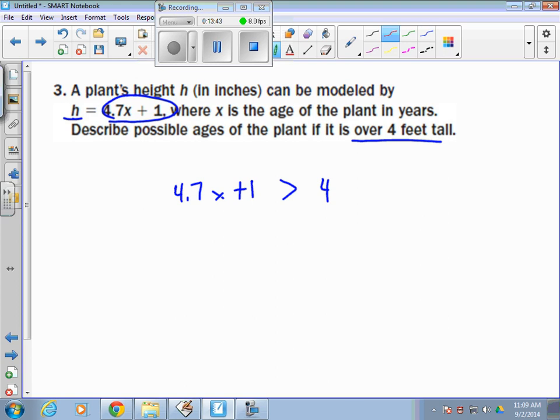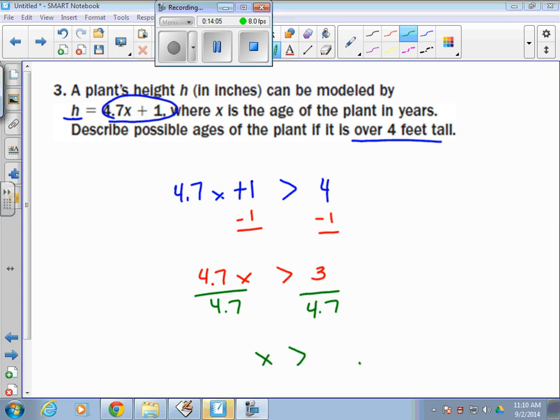Undo plus 1 by subtracting it. Do the same thing here. 4 minus 1 is 3. 4.7 times x is greater than 3. Undo 4.7 times x by dividing by 4.7. Do the same thing here. X is greater than 0.638.